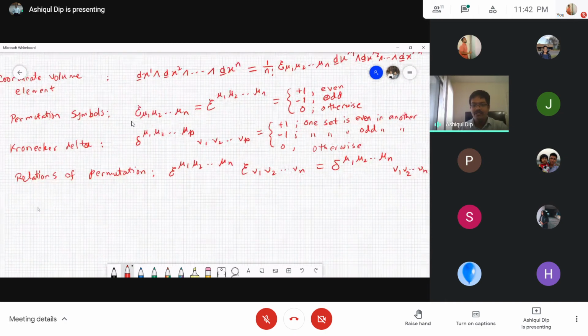Then we learned the definition of the determinant, right? So how did we define it?